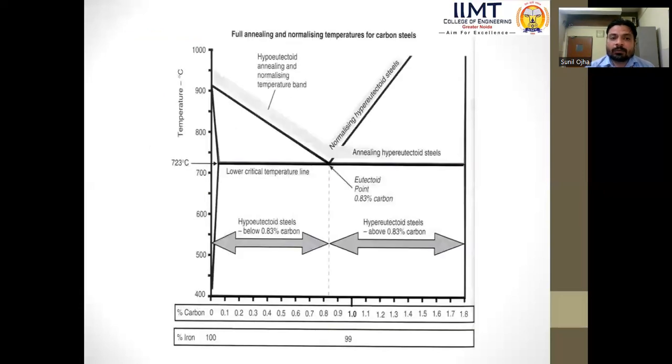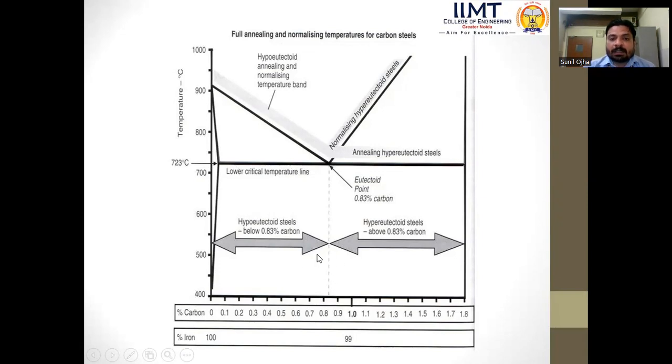Next, in the temperature versus composition diagram, we can see the different compositions and the particular temperature range in which to perform the full annealing process. As you can see in the graph, there is a temperature of 723 degrees centigrade, the lower critical temperature line.